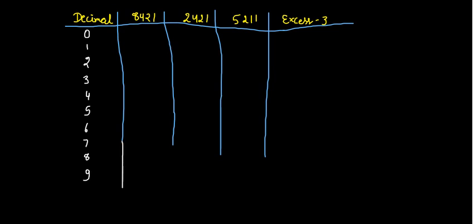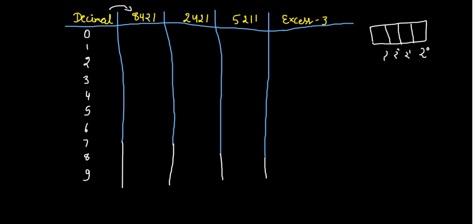So this is the number in decimal number system. Now let's code it first in 8421. Remember, the 8421 means simply 4 places in which we have 2 to the power 0, 2 to the power 1, 2 to the power 2, and 2 to the power 3. We have already discussed the similar scenario that we are going to apply right here.